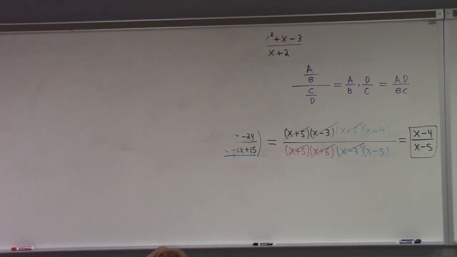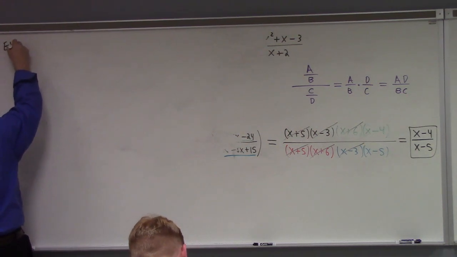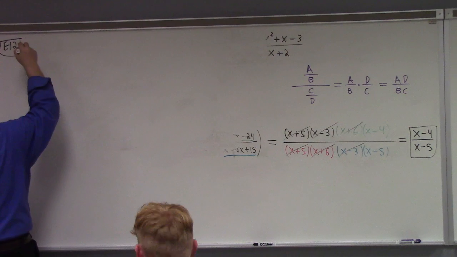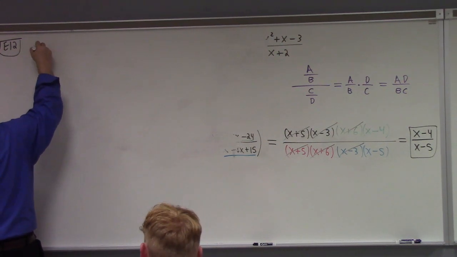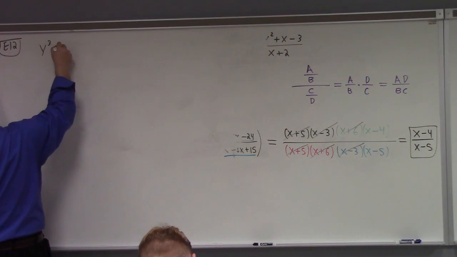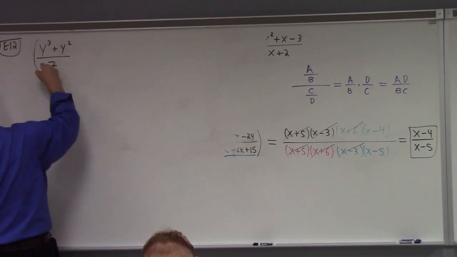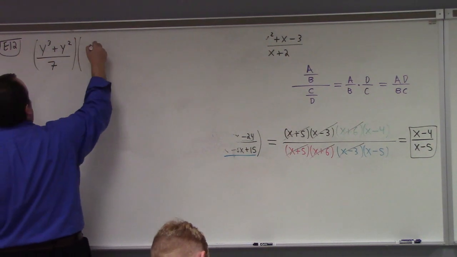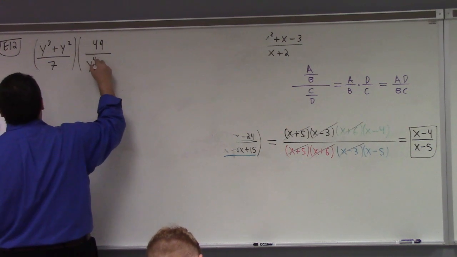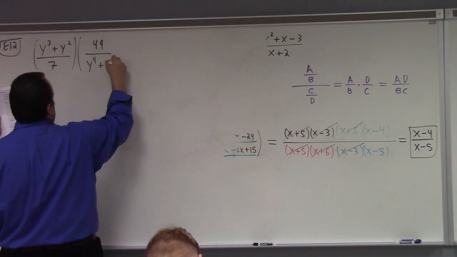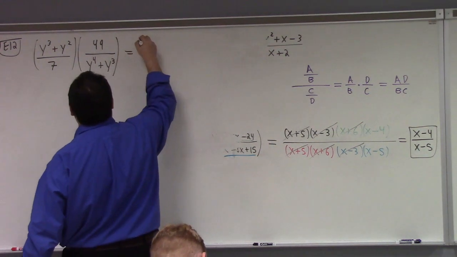Sorry, now there will be two final examples, but it's for a good cause. Example 12. Y cubed plus y squared over 7, times 49 over y to the 4th plus y cubed. I mean, that's kind of like what you're talking about, right? And so with something like this, what I do is factor out what I can.